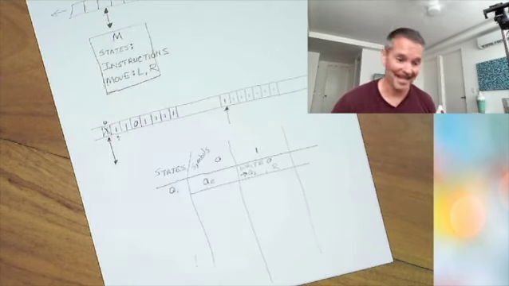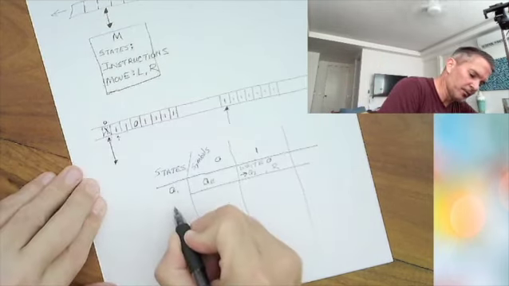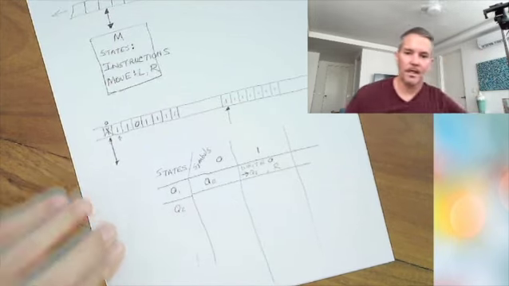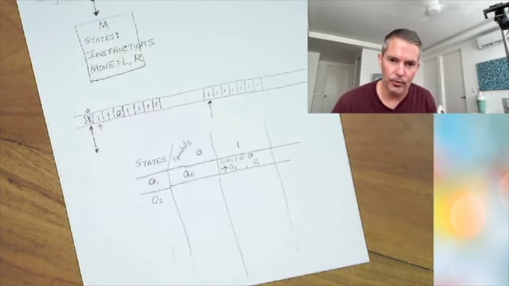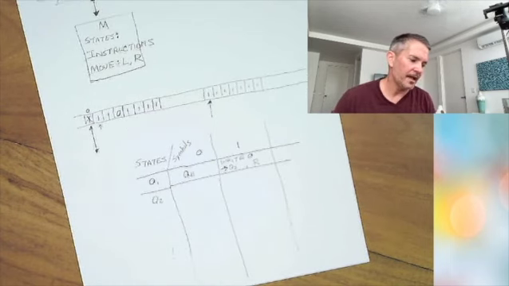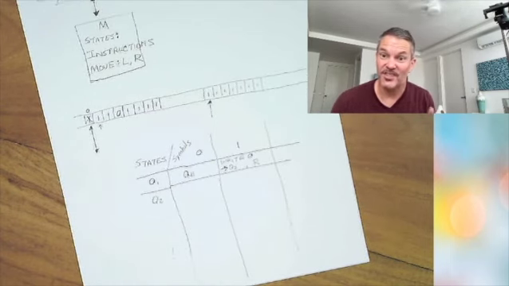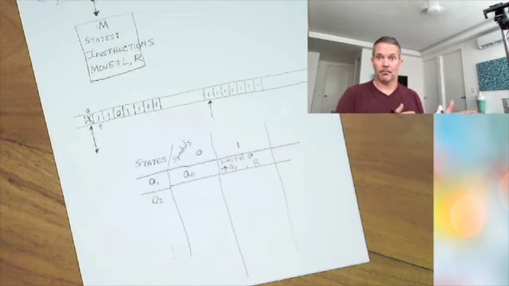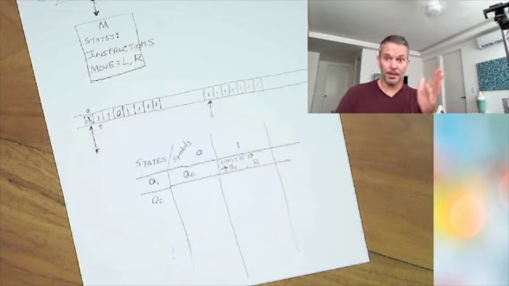So what happens next? Let's define what we want to do if we're in state Q2. If we're in state Q2 and we have reached a 0, okay, that means what was on the tape before was a 1 and a 0. And so that means the first number is a 1, all right?